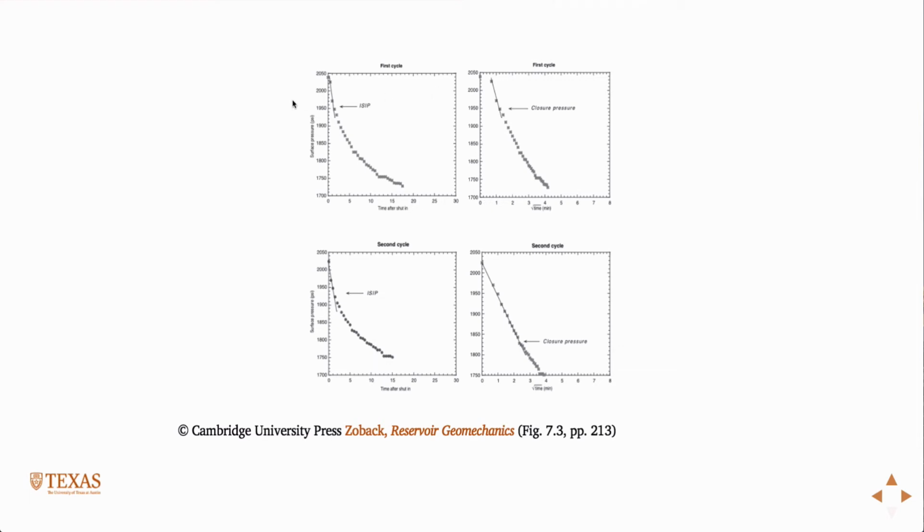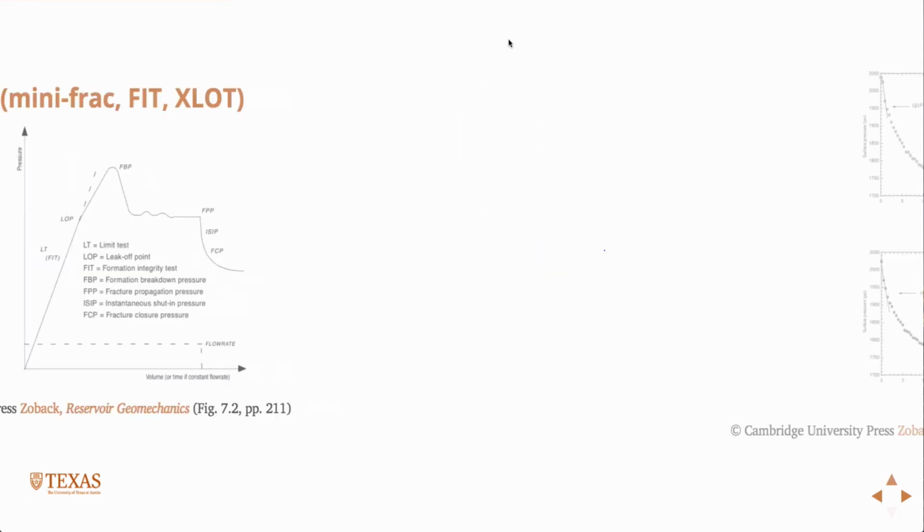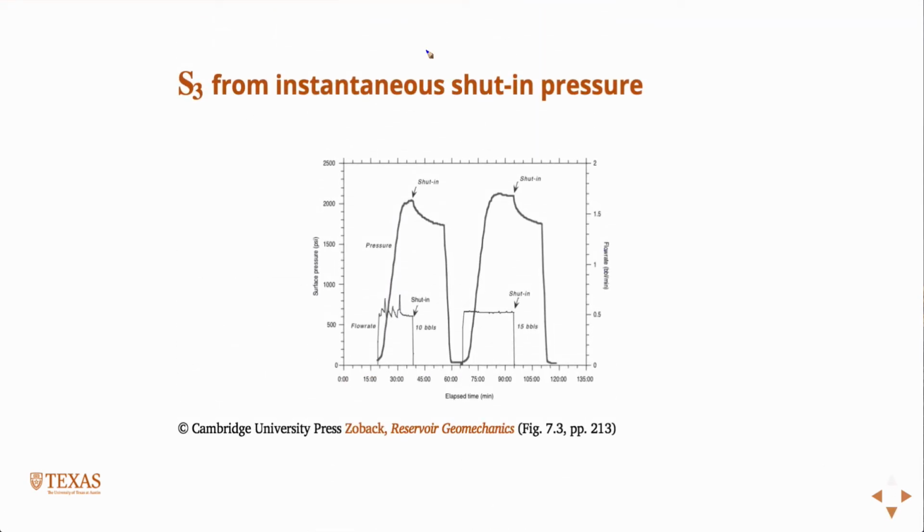Okay, so one way to do it though is, this is a zoomed in look at that. Let's go back a slide. What we're looking at here is this part of these curves for the 2 cycles that were run here.